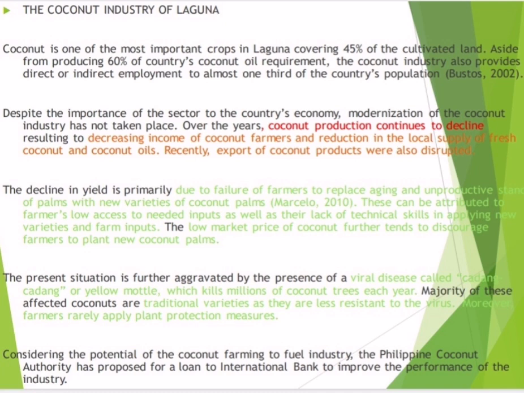That could be the possible effect of the modernization of the coconut industry.